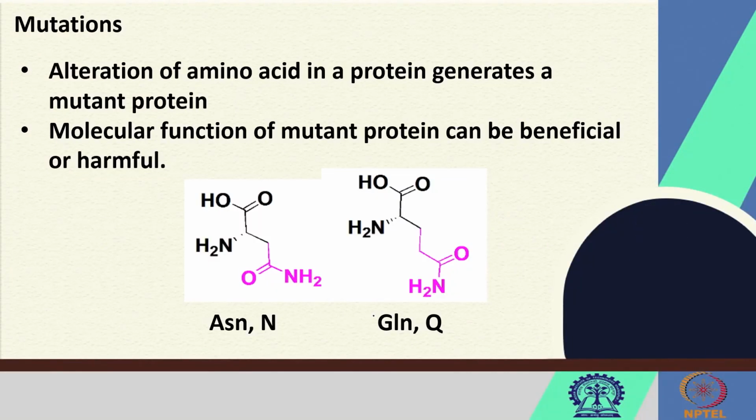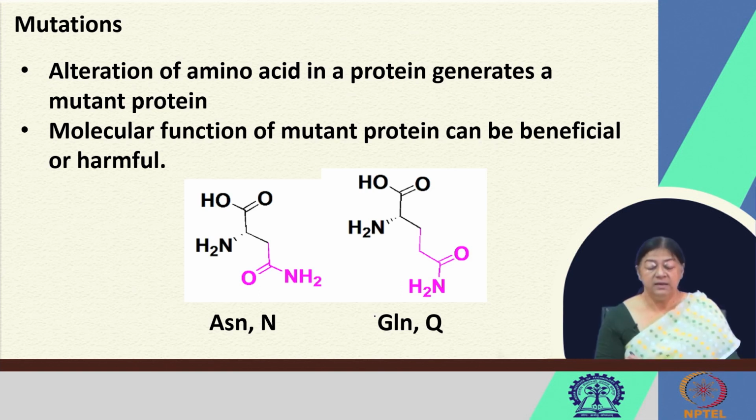Mutation, as I just mentioned, is the alteration of an amino acid that would generate what is called a mutant protein. And the function of this mutant protein can be beneficial or harmful. If we look at a mutation, say from asparagine to glutamine, we wouldn't expect much of a difference because the characteristics are pretty much similar.